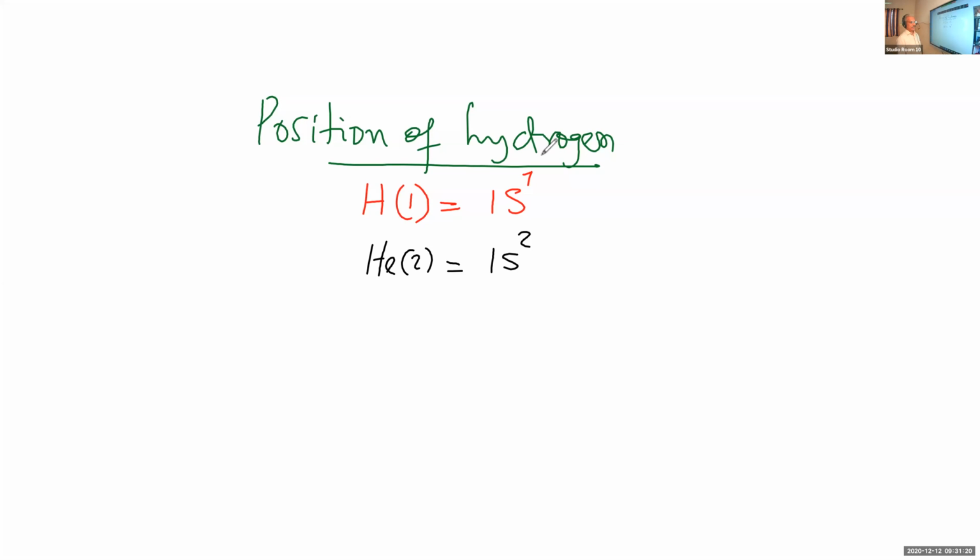H+ is our proton, the hydrogen ion. So it shows a similarity with the alkali metals.